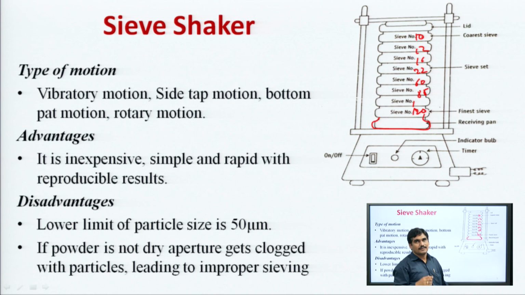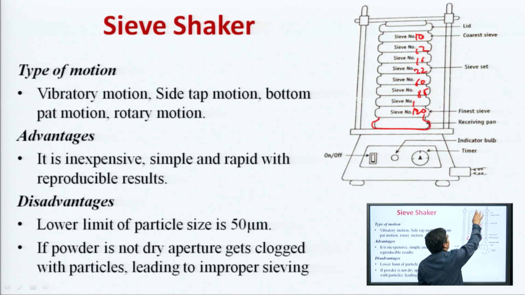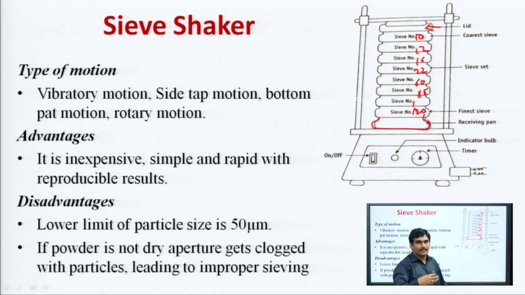Like that the sieves are arranged in this way, coarsest at the top, finest at the bottom, and on top of the coarsest sieve a lid is kept, so that the powdered material kept on top of the sieve should not come out of the sieve shaker apparatus. In this way, by keeping a lid over the apparatus, we can avoid the loss of materials.